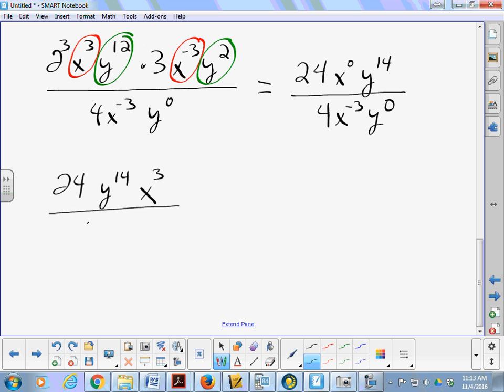So in the denominator, I have 4. The x to the negative 3rd we move to the numerator to make it positive. y to the 0 is just 1, so that's just 4 times 1, which is just 4. So we leave it there. Now to simplify, all I have to do is 24 divided by 4. So this is 6y to the 14th x cubed is the final answer for that problem.